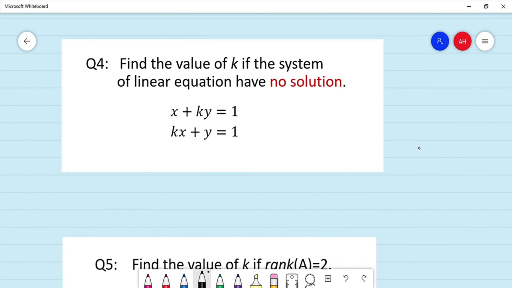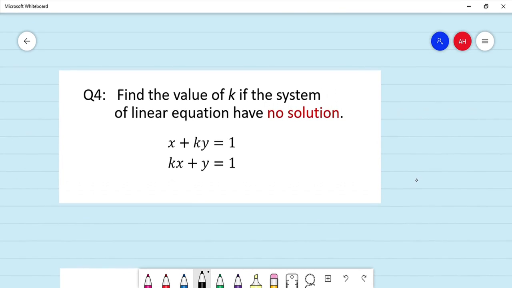Question number 4. Find the value of k if the system of linear equations has no solution. Now, in order for us to know that the system has no solution, what we have to do is elementary row operations on our augmented matrix.